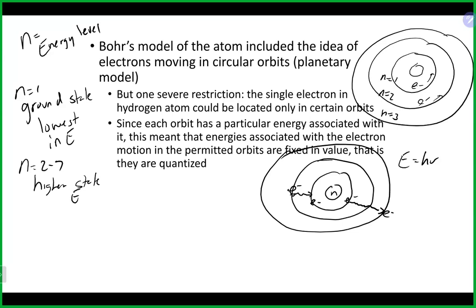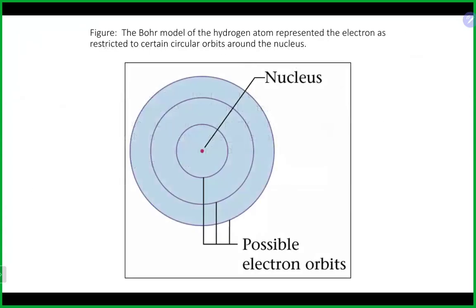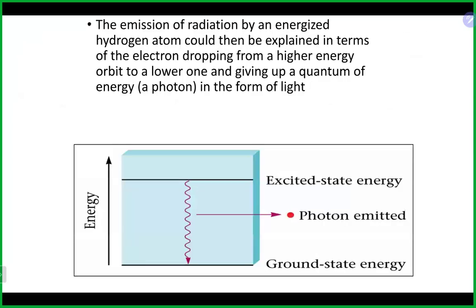As they lose energy and go from one orbit to the next, that is what he accounted for as being responsible for the lines we see in the line spectrum. Purple, as a result, may be one transition from one energy level to the next, red maybe another. So as it drops from a higher energy level to a lower energy level, the atom is going to emit that energy in the form of a photon of light.